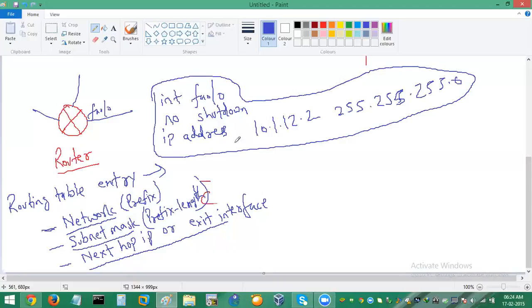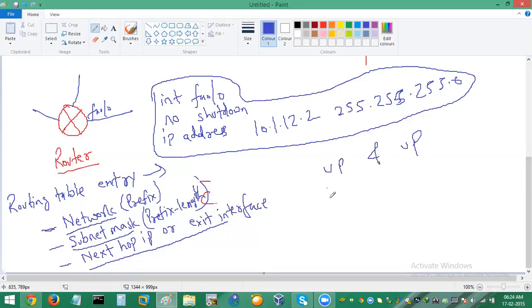Now remember, you need to write down one more note here: a router makes a routing table entry for each interface that is directly connected and assigned with an IP address, and which is in up and up state.